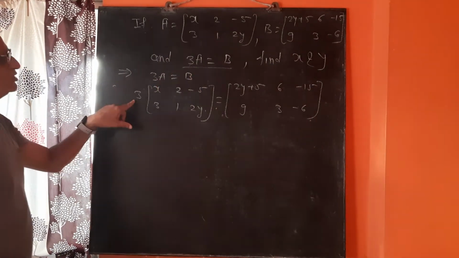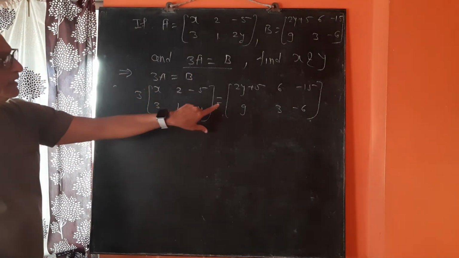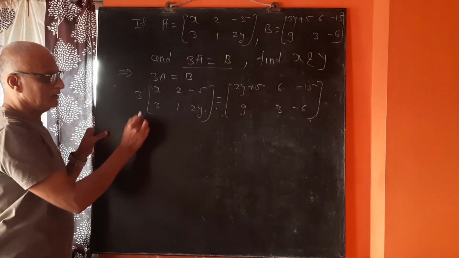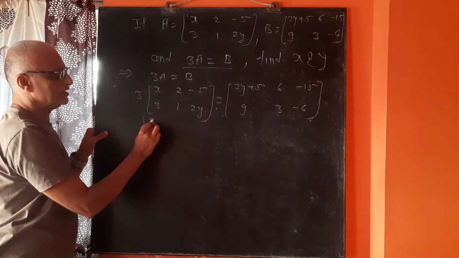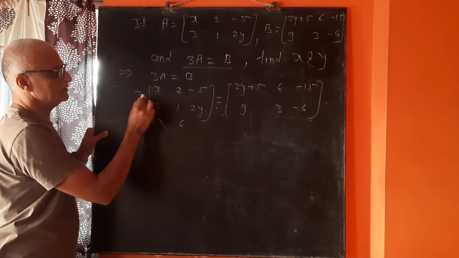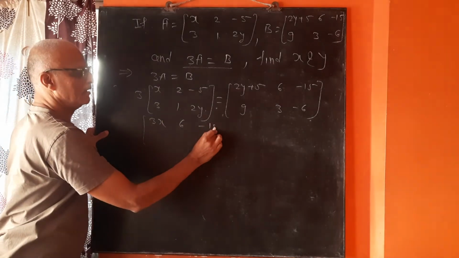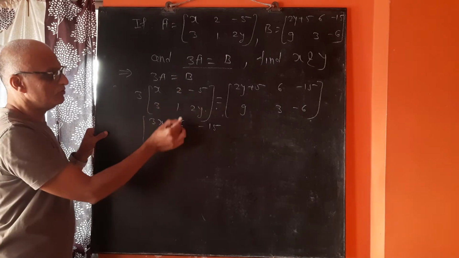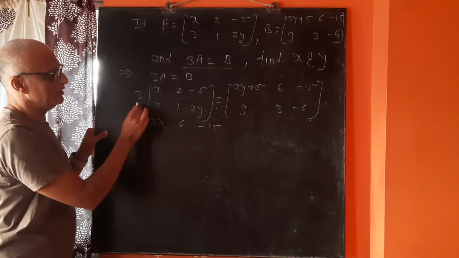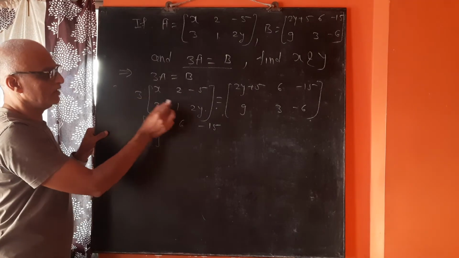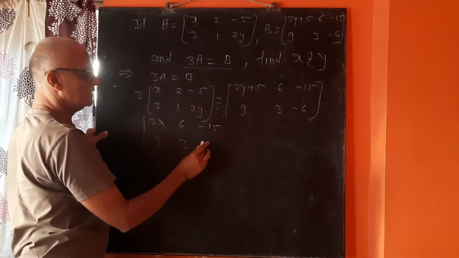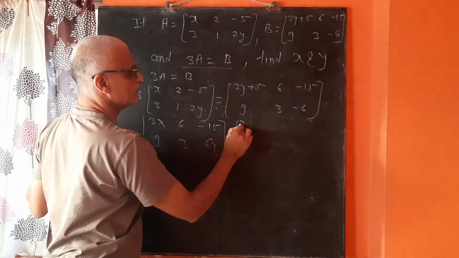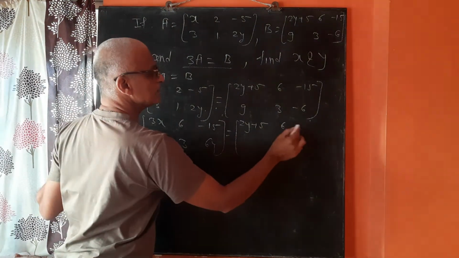So 3 into the matrix A equals matrix B. Simplify it: you get 3 into x, that is 3x, 3 into 2, that is 6, 3 into minus 5, minus 15, 3 into 3, that is 9, 3 into 1, 3, 3 into 2y, 6y, equals the matrix of 2y plus 5, 6, minus 15, 9, 3, minus 6.